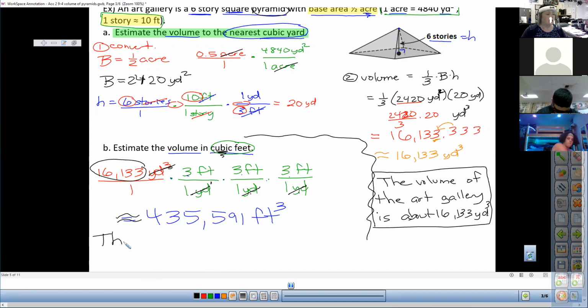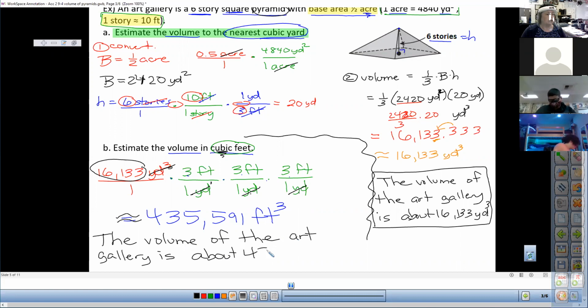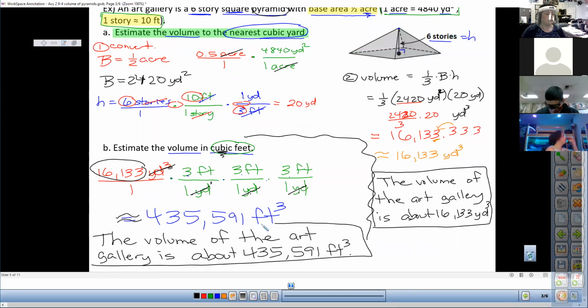So the volume of the art gallery here is about 435,591 cubic feet. Like so.